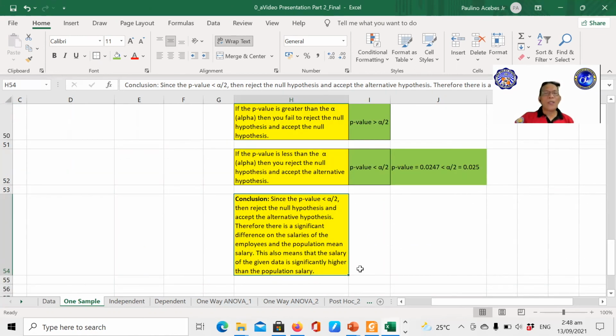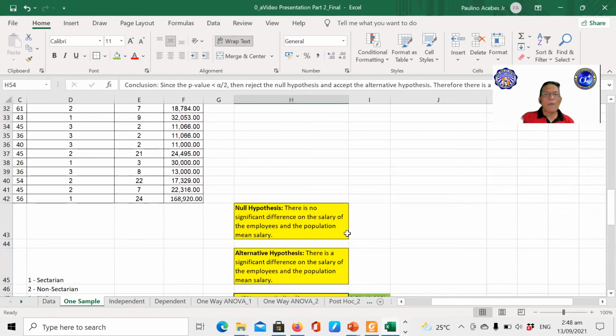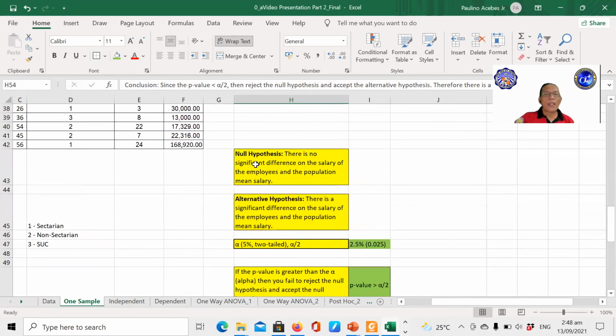So this is how we compute for the one sample t-test, and this is how we write the steps of the hypothesis testing. You first write the null hypothesis and then the alternative hypothesis. You decide what type of alpha you are going to use, if it is 5% or 1%.